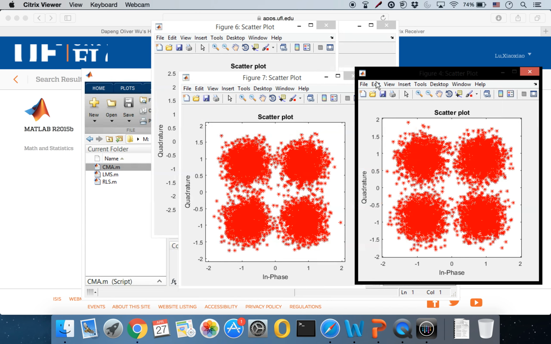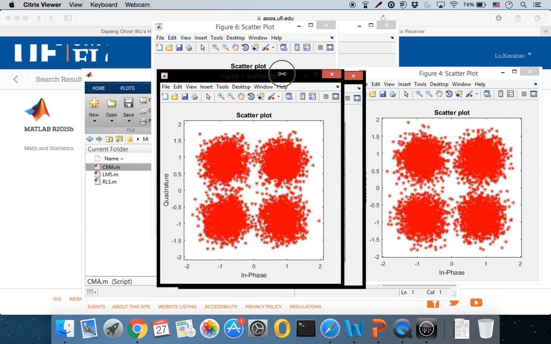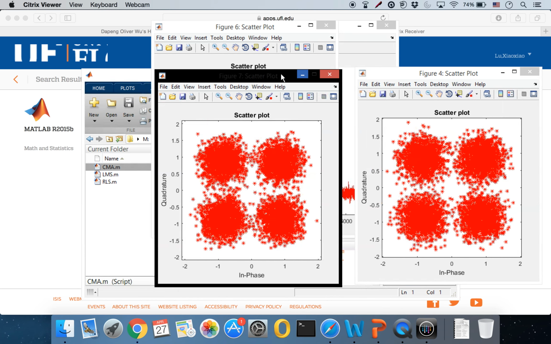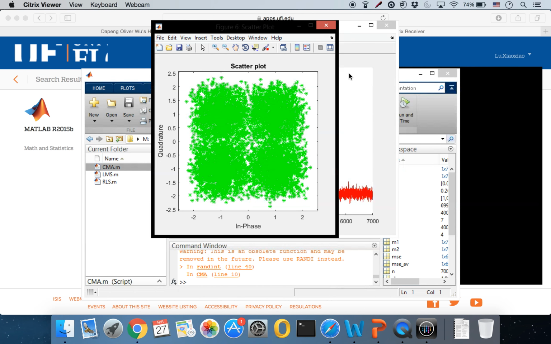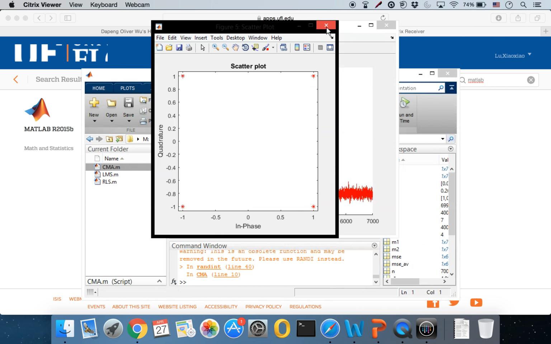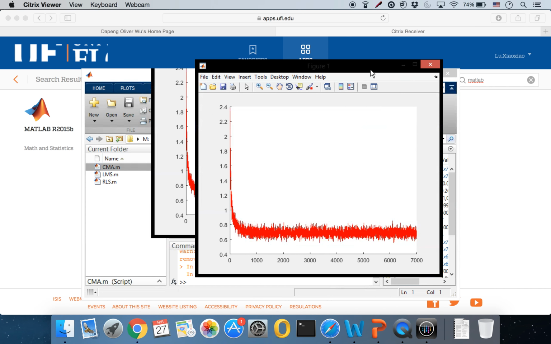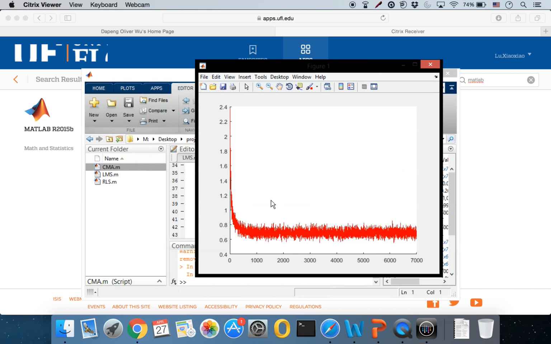And these two are the output after going through the adaptive equalizer with different ISNR. ISNR is signal-to-noise ratio. And that picture is the convergence rate of the CMA adaptive equalizer.